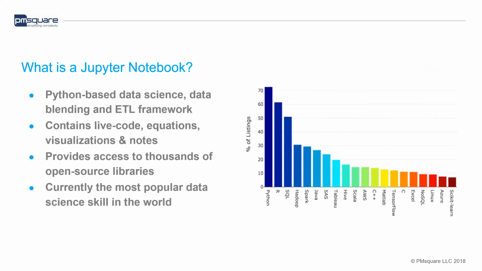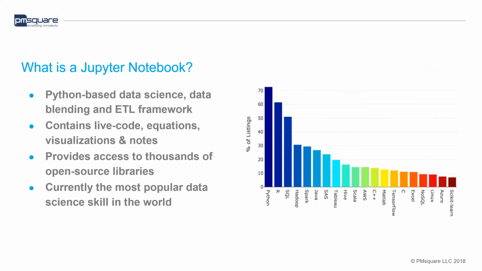And finally, and this is really worth highlighting, as of right now, Python is the most popular data science skill in the world. If we think back a couple of years ago, probably R was really hot, and that's what you heard people talking about.